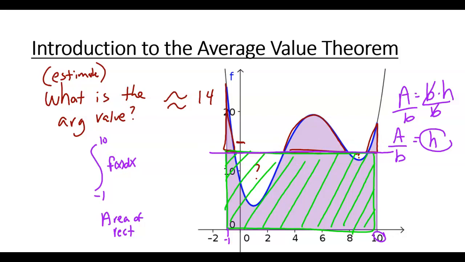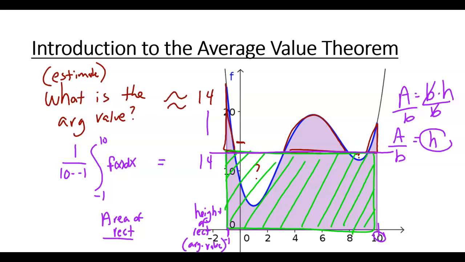So we know that the height over here of my rectangle is 14, and that represents my average value. So what do I do to the area of the rectangle to get the height? I divide it by the base. And you guys can tell what the base is. What's the base of that rectangle? The base of the rectangle goes from -1 to 10. In other words, it's 11. So if I do 10 minus -1, I get 11.